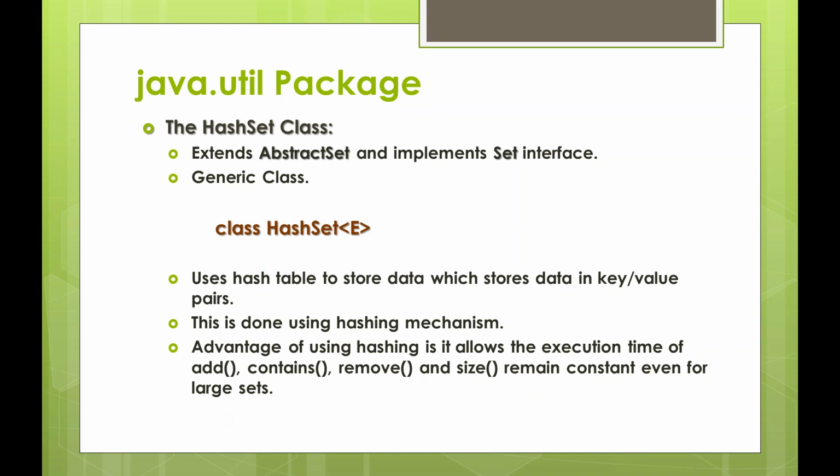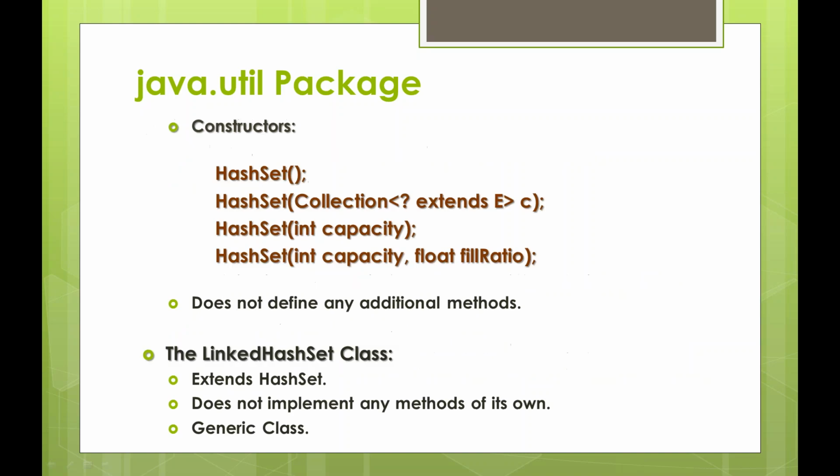And when you try to remove, it will be the same. Size has to count, right? It has to go through the whole collection if you have n number of objects and return the number. Even if you have 10 objects in a collection, it will return the number in the same time. That is, the execution time is the same, even if you have a large number of objects.